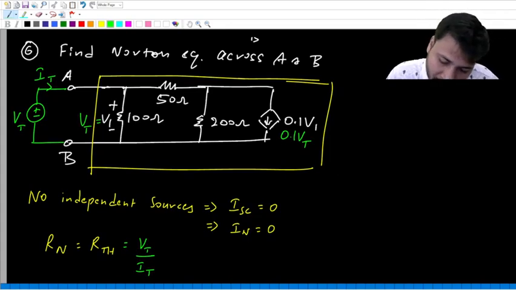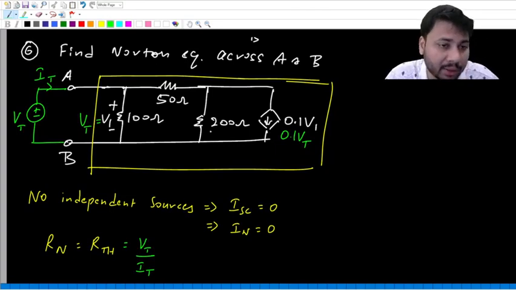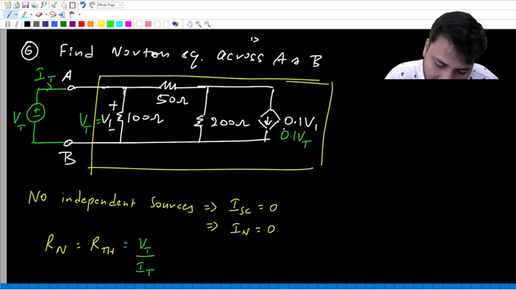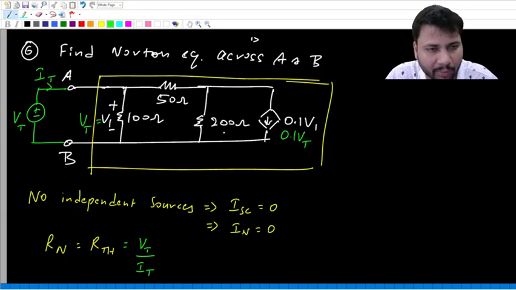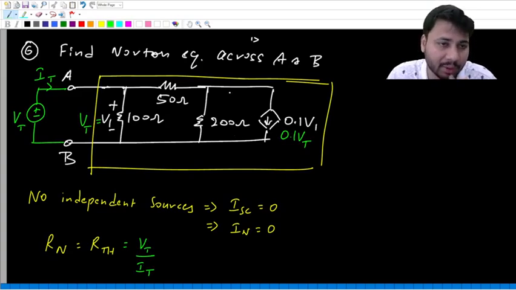A dependent current source in parallel with a resistance can be transformed into a dependent voltage source in series with the same resistance. What is the value of the dependent source going to be? 0.1 VT into 200, which is 20 VT. So 20 VT in series with 200, and the 200 appears in series with 50, which is 250.